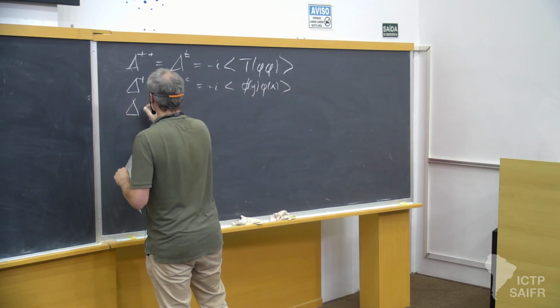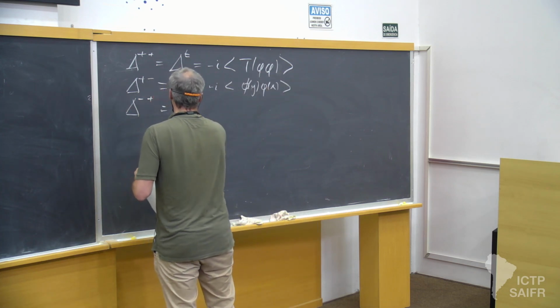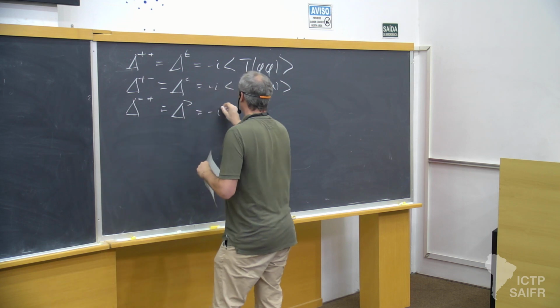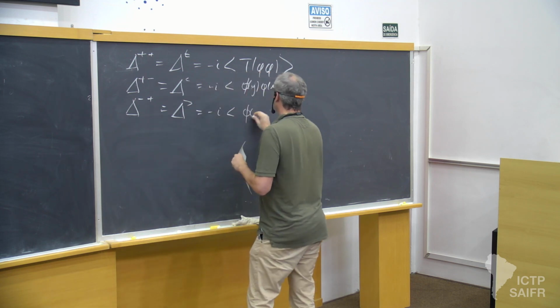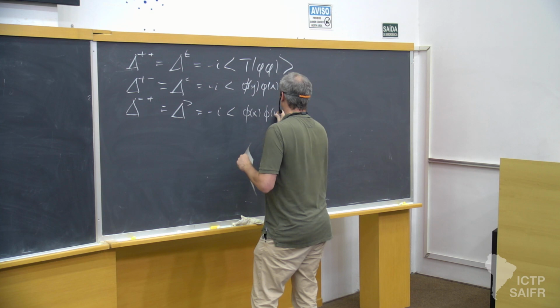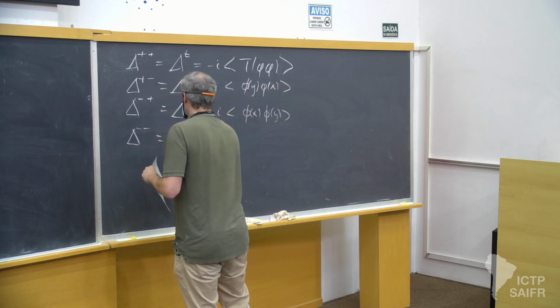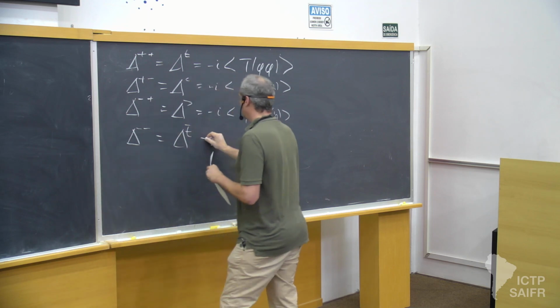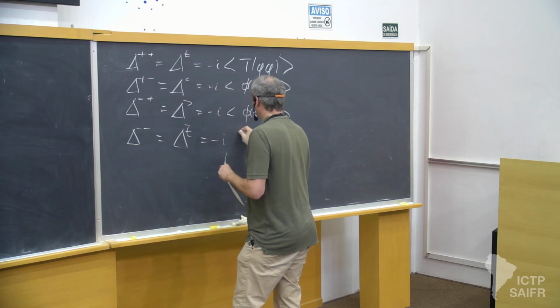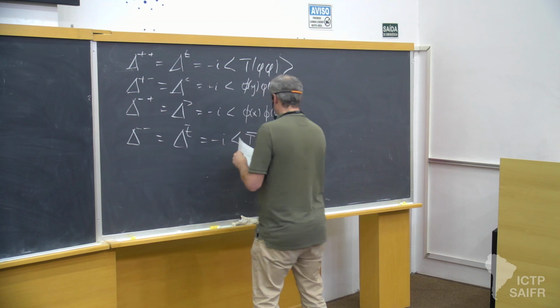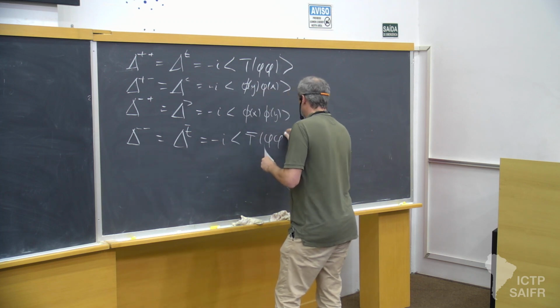The other one, which I call delta bigger, will be minus i the other way around. And then finally, there will be the minus minus branch, which we've seen is an anti-time-ordered one, which is just minus i times the anti-time-ordered phi phi. Okay?